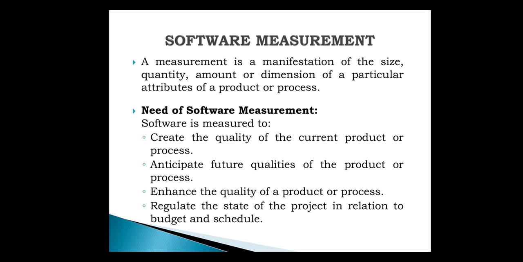According to the size, the quantity, the amount, the cost, or the budget, you can measure a particular product. So these are the attributes by using which you can measure a particular product or a process.